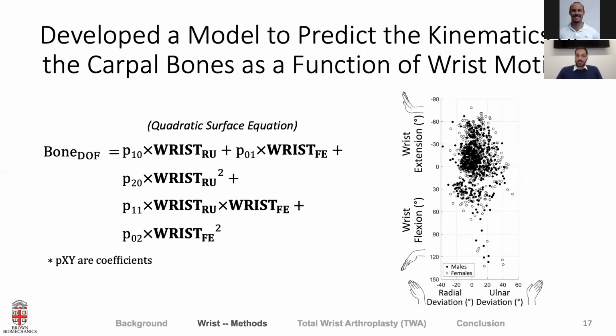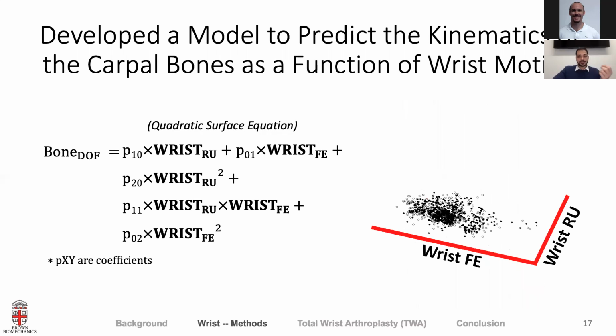So we created independent models for each bone and each degree of freedom, so 42 different models. To get a good prediction at the extremes of motion, we used quadratic surface regression models. Basically, we tried to find each parameter in the equation on the slide. Let me show you what this equation means.